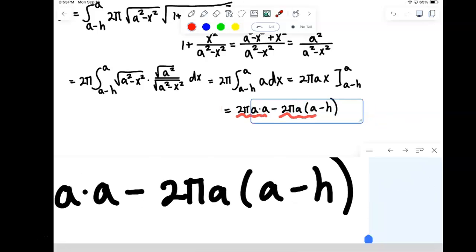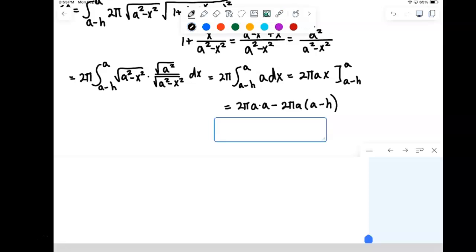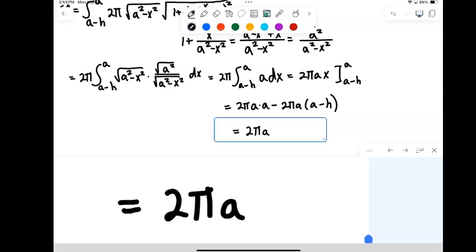And so we're just really going to have 2 pi a times h. So it turns out that the surface area of that cap will be 2 pi a times h.